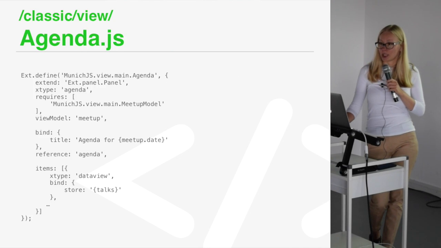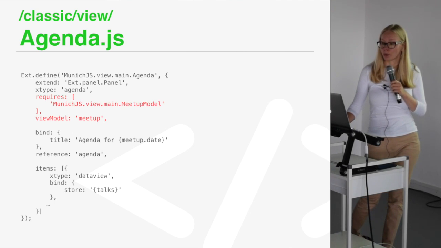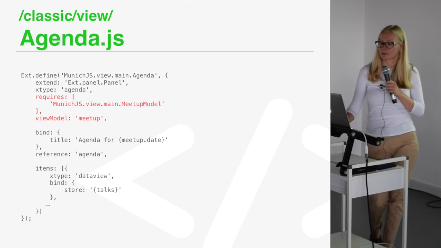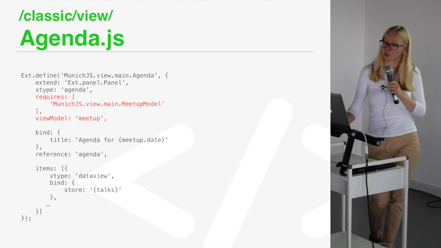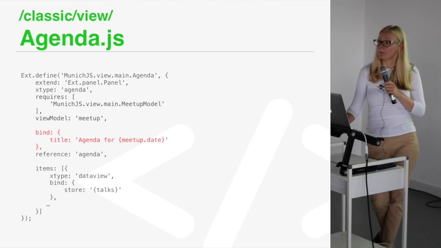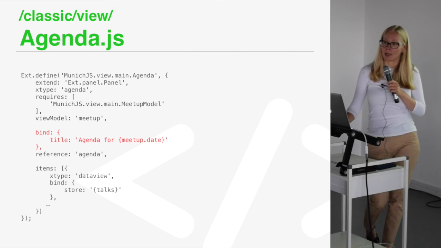And inside the agenda view, we need to define data binding. Just add a reference to the view model that should be used, our meetup view model, and to assign some config to some data from the view model, we just put this config into the bind section and define a bind descriptor.